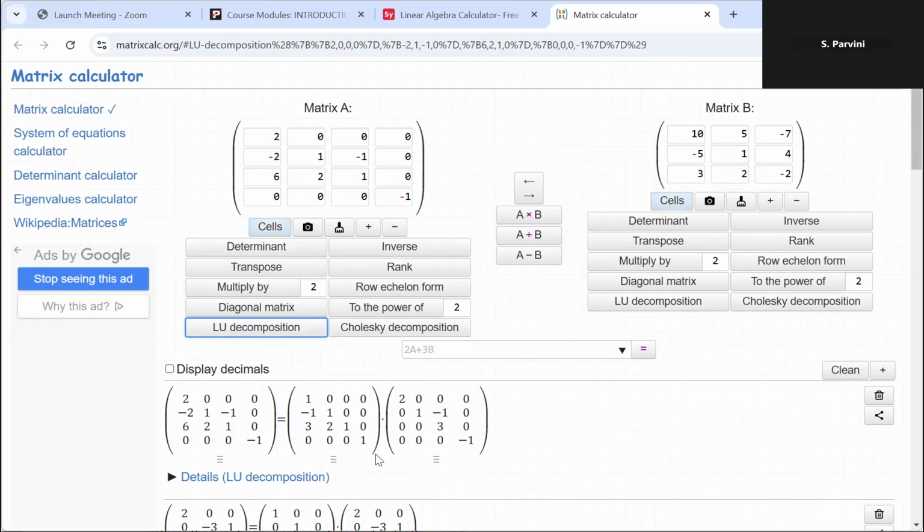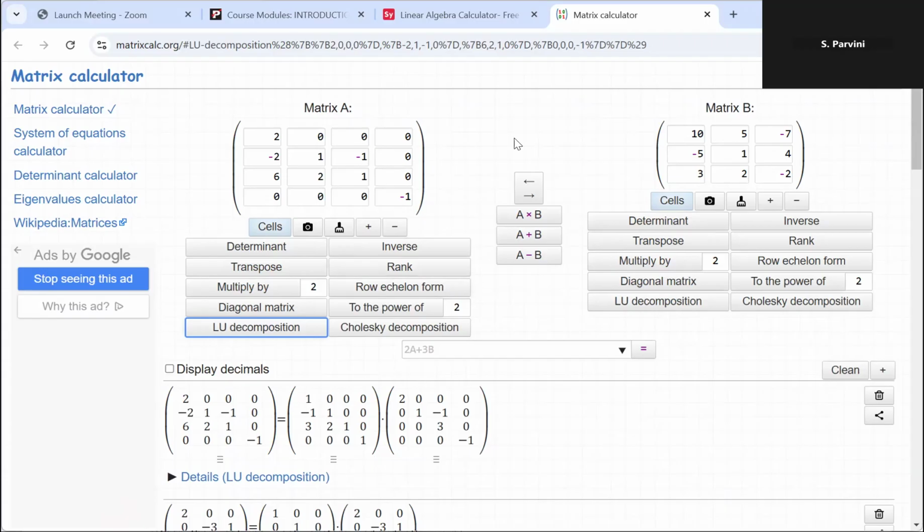And the U, the upper matrix, has first row 2, 0, 0, 0; then 0, 1, negative 1, 0; then 0, 0, 3, 0; and 0, 0, 0, negative 1. Everyone okay on that one?